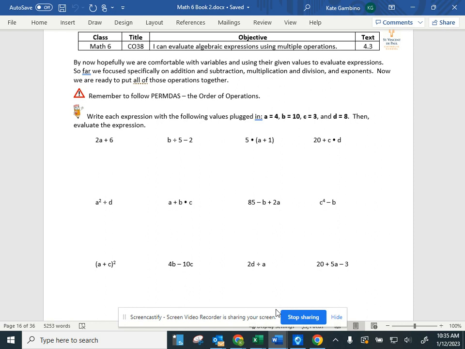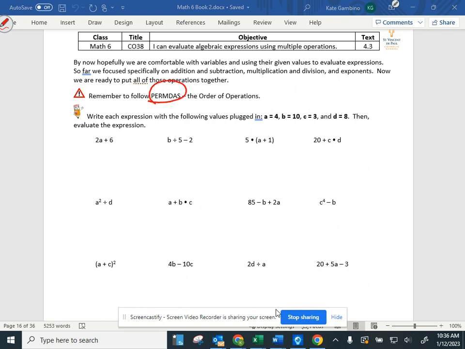Now it's getting a little bit bigger. There's more to these expressions. So hopefully we're comfortable doing those individual operations. So far we focused specifically on them. Now we are ready to put all of the operations together using PERMDAS.